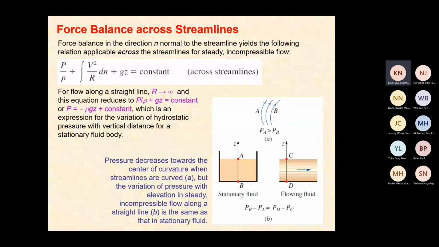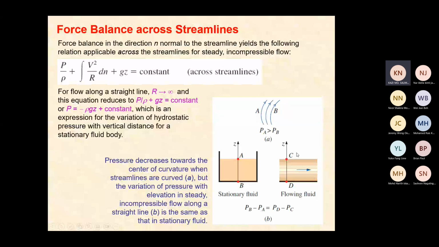So rho gZ going to this side, and the constant remains mathematically constant here. So if in the vertical direction component we consider incompressible flow, then we can say that PB minus PA, because the bottom there is the high pressure, will be equal to PD minus PC.